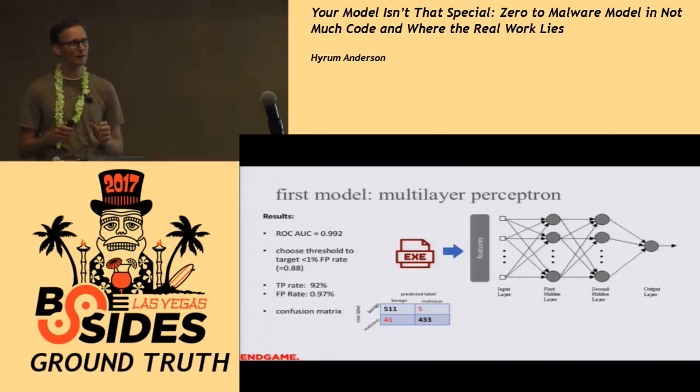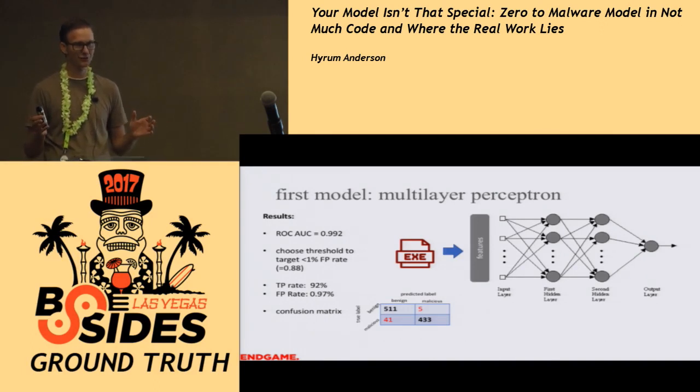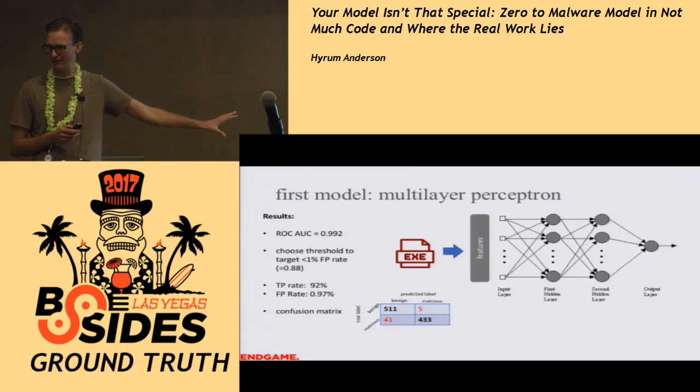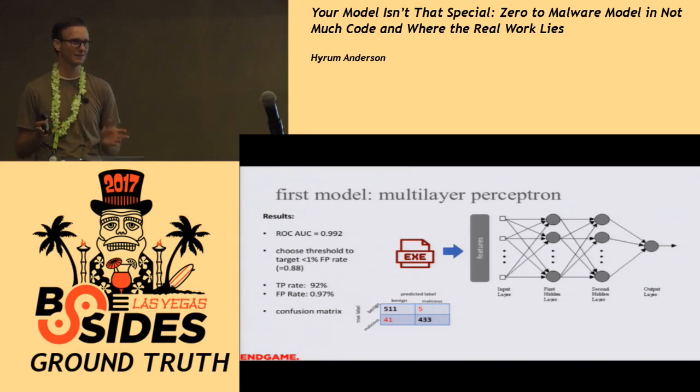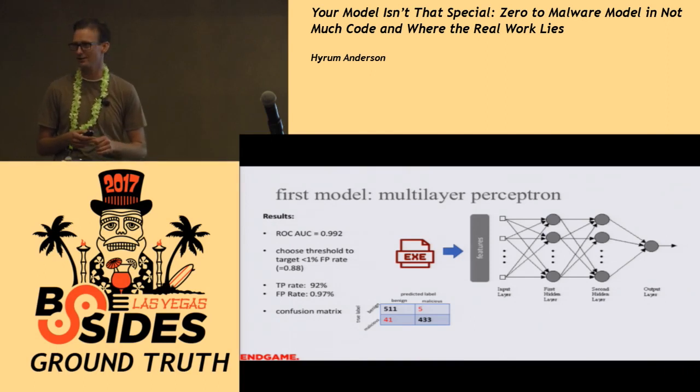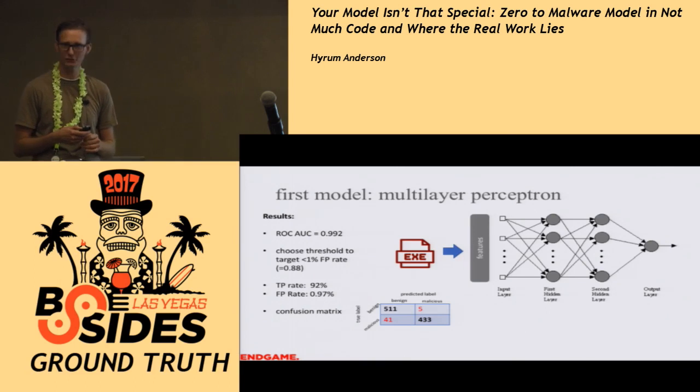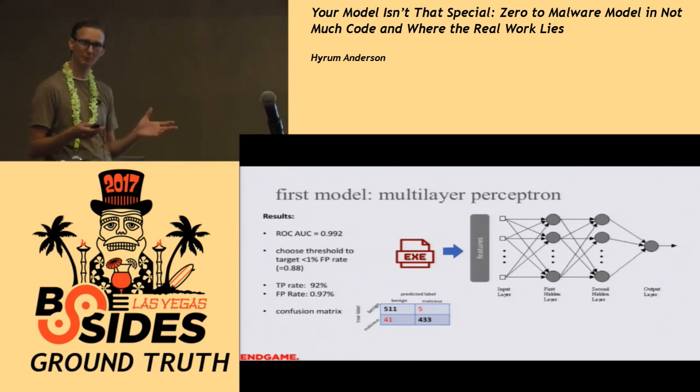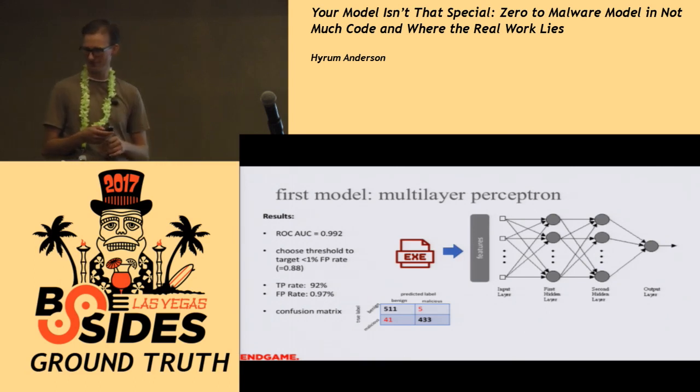So we want to make our model really special. And so let's begin our journey now in throwing away this not special architecture and diving into deep learning, what's been wildly successful for images and object detection and speech recognition and machine translation, and see if we can apply it to malware detection. Okay?